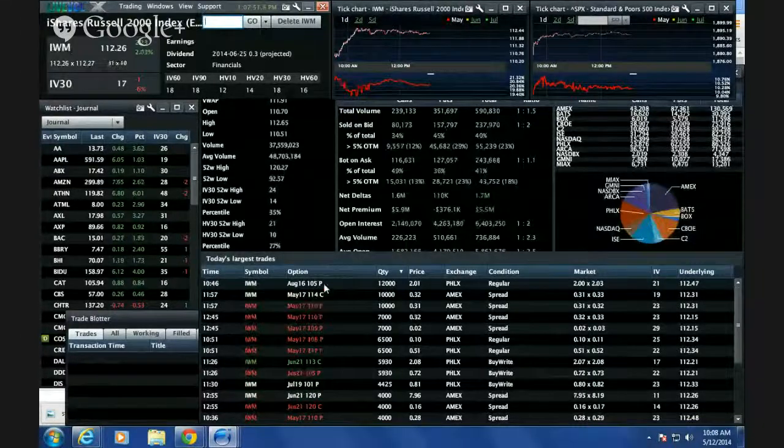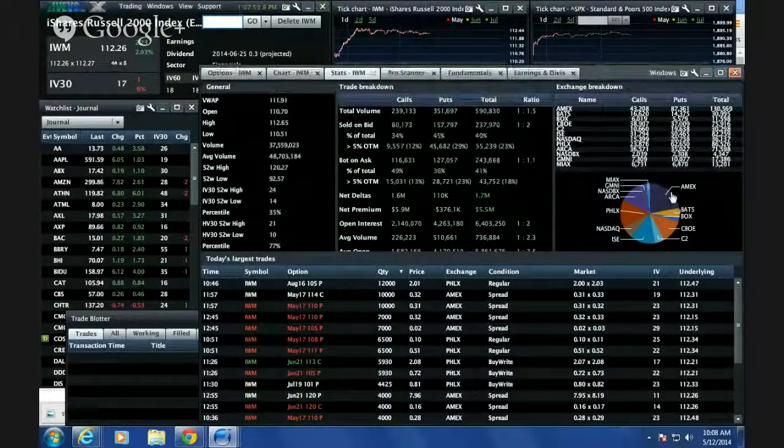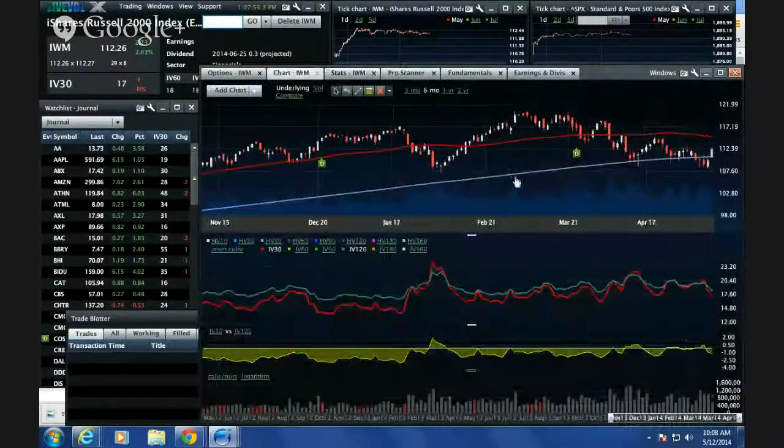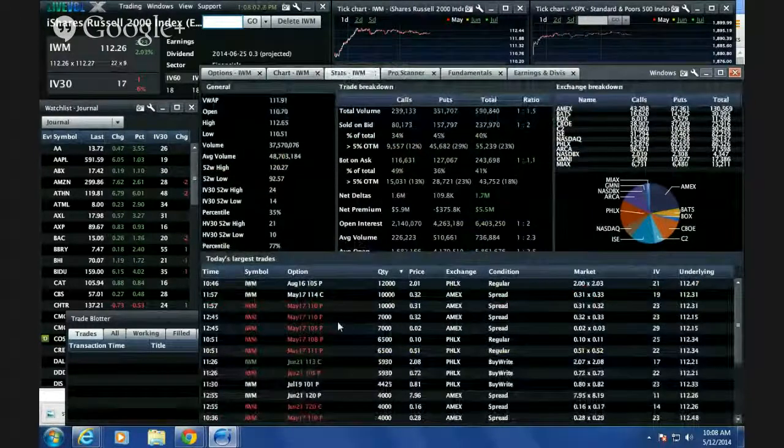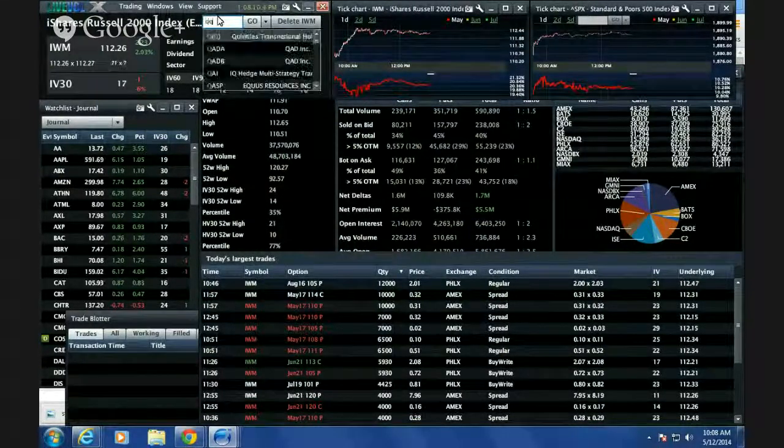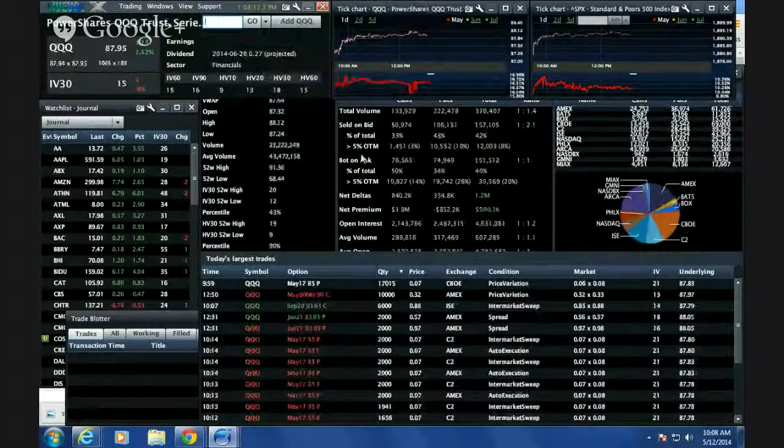So I'm not sure if people are necessarily thinking these stocks are going to go up as much as they won't go down for the next maybe couple of weeks, right? So you can actually take this and say, hey, look, they're selling puts in IWM and QQQ, which are kind of like the sectors that got most beaten up.